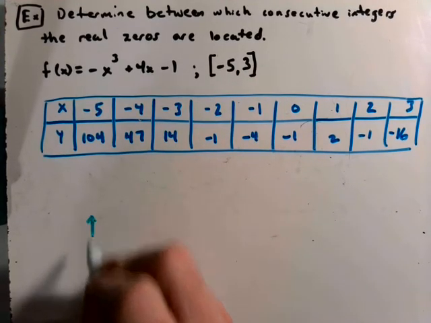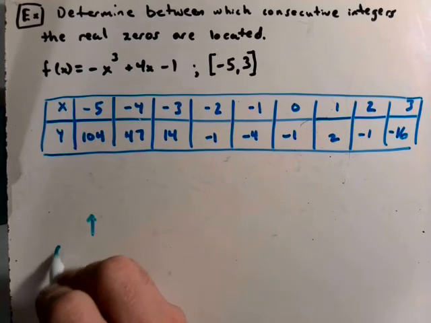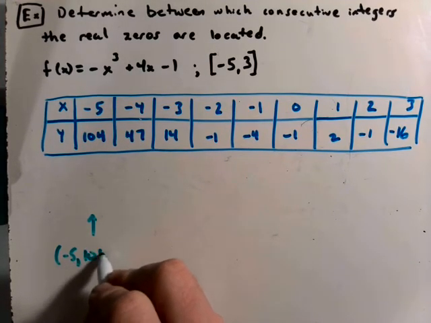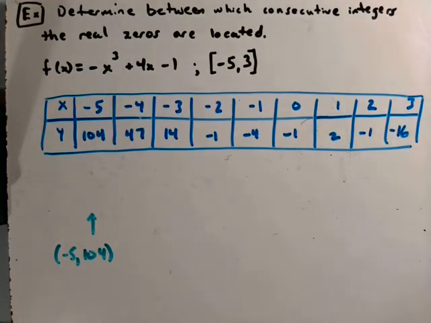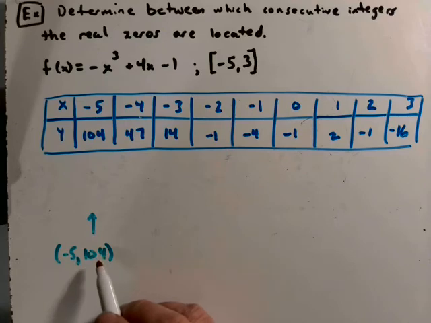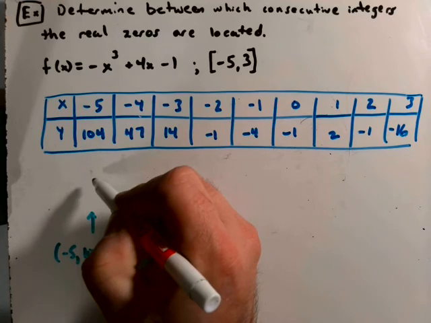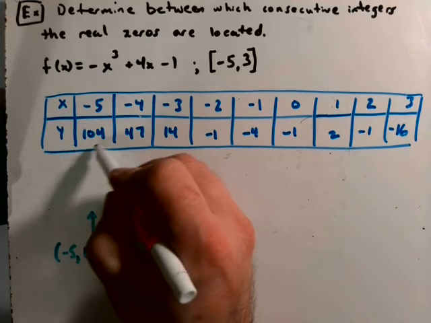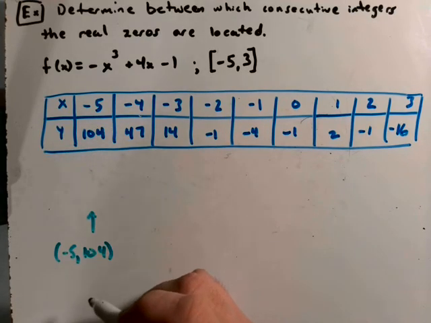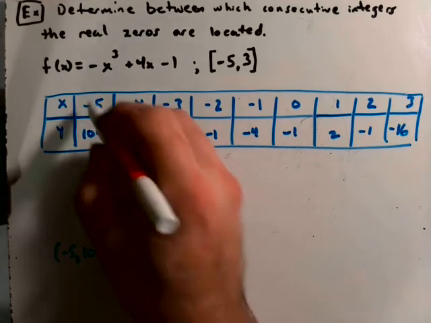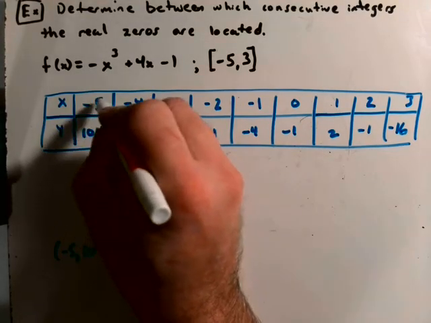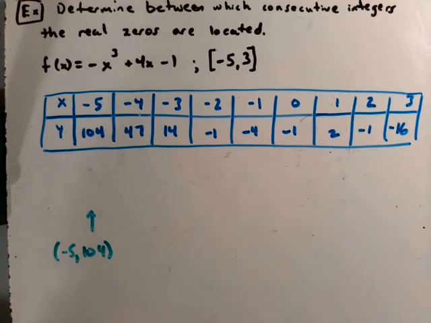So that is the point (-5, 104). And what we want to decide is, is that above or below the x-axis? Well, the y-coordinate there is 104, a positive number, so that is up above our x-axis.